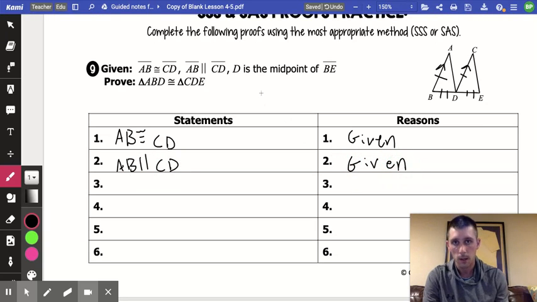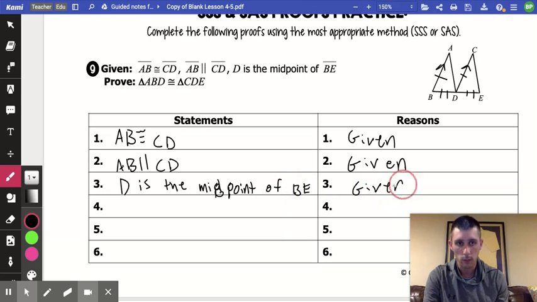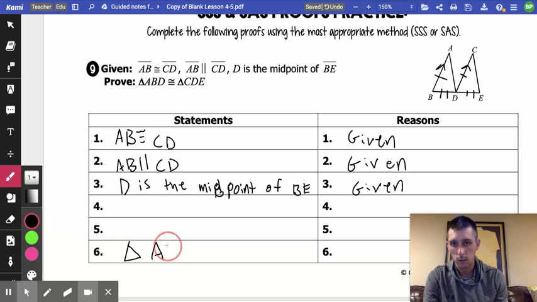And the last one, D is the midpoint of BE, and that's also given. So now what are we trying to prove? Prove triangle ABD is congruent to triangle CDE.